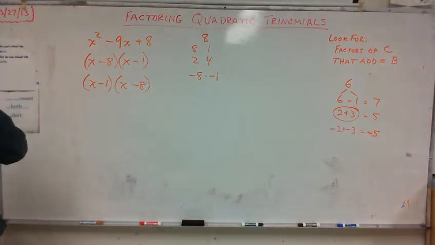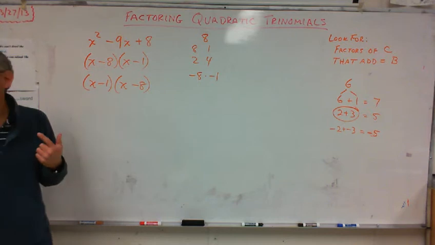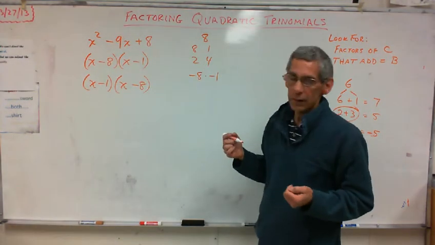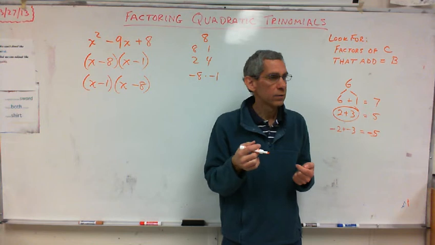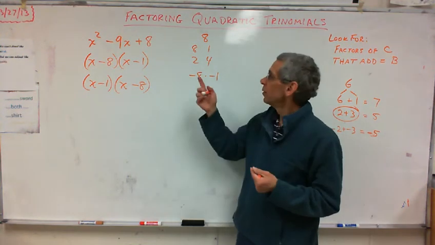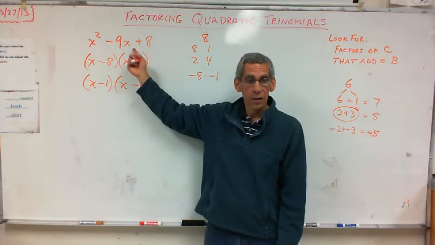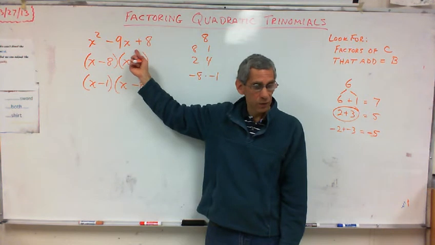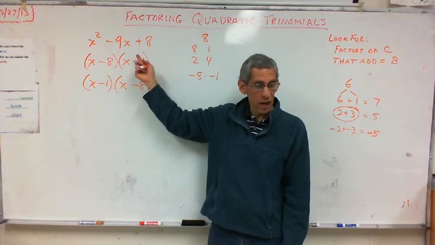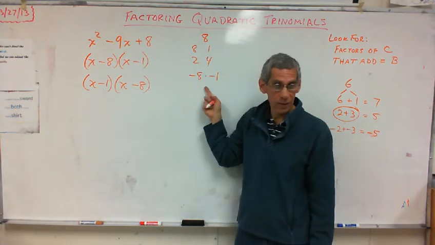Now, let's just look at the signs for a second, okay? Because as you do more of these, you'll start to understand this really, really well. In order for the sign in front of the C to be positive, the signs in front of the numbers have to be the same.